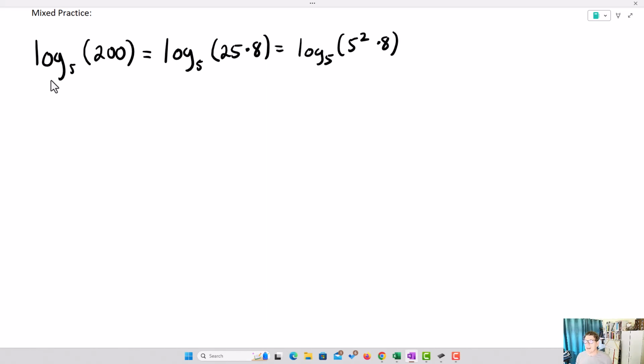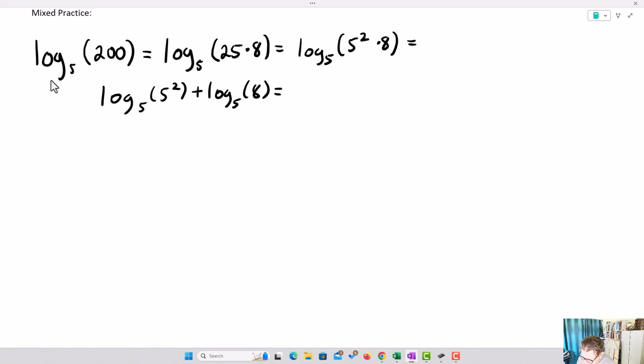So this is just something to look out for as you're working. It's a good thing to know when you're working with logarithms. If I can get something down to the base inside of my argument, I can actually expand out quite a lot and do a lot of simplification. So this is now equal to, and we'll first use our addition property, log base 5 of 5 squared plus log base 5 of 8.